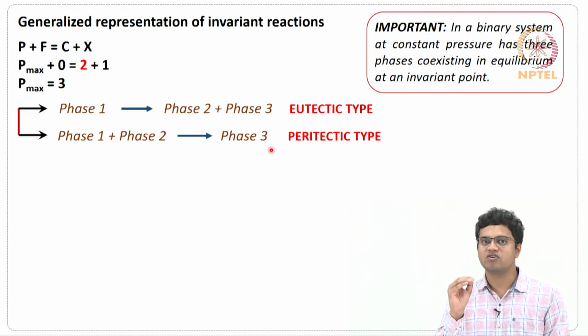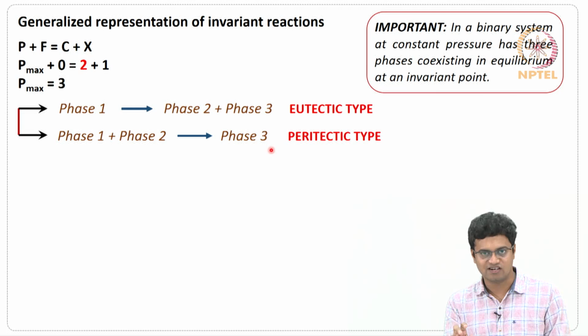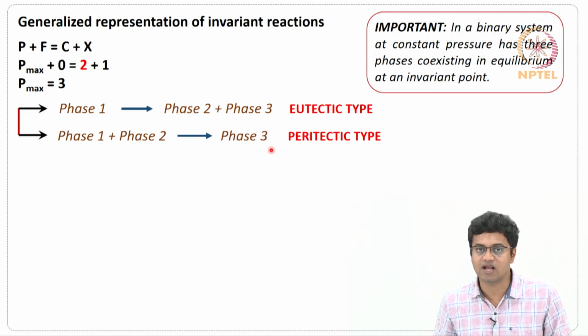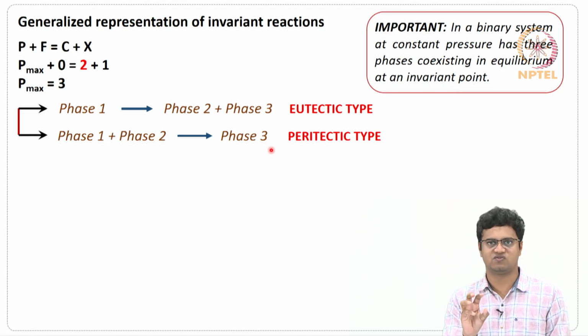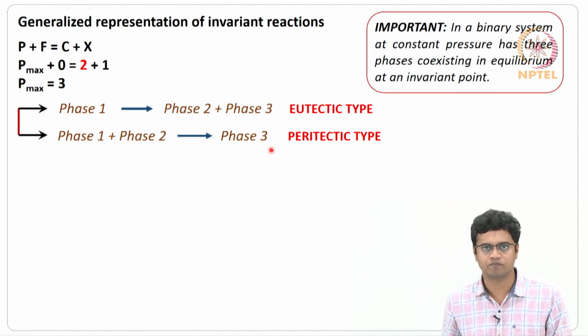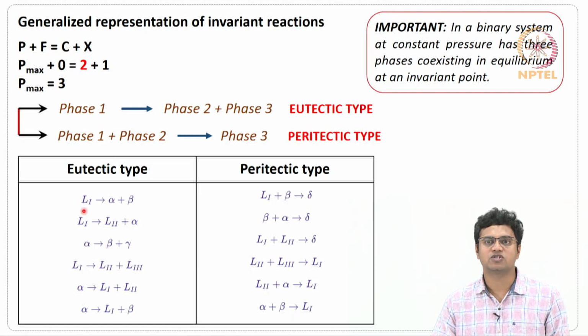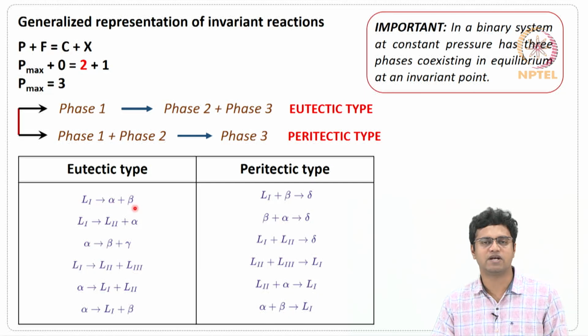So don't restrict yourself to only the eutectic, peritectic, monotectic and syntectic reactions. We need to understand the format of the reactions. The generalized format of the invariant reaction is these two in a binary system. Now, if I categorize them, I can have a list of permutations and combinations. For example, the eutectic type of reaction is the first reaction you see: one liquid, L1, gives alpha plus beta, where alpha and beta are solids.